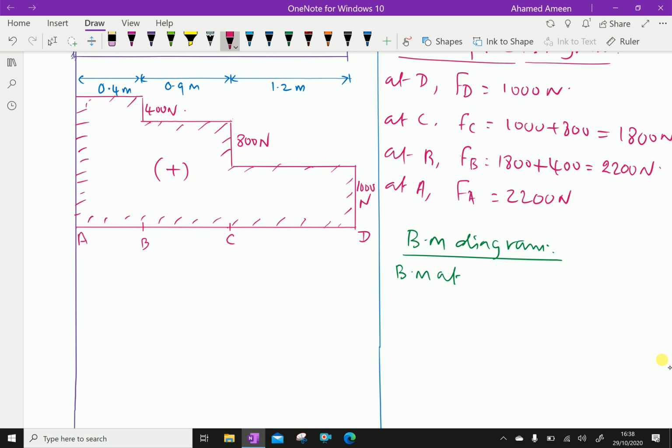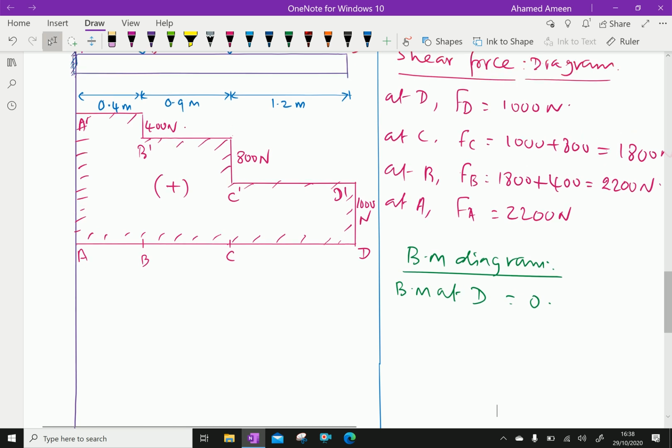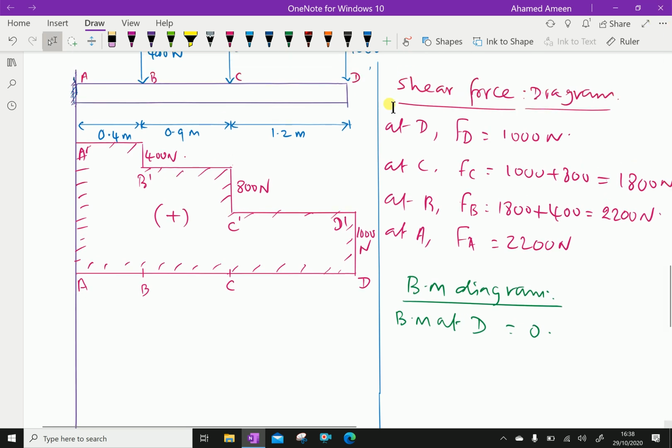This is D dash, this is C dash, this is B dash, this is A dash. Now bending moment at D equals 0, because there is no length extended up to D.